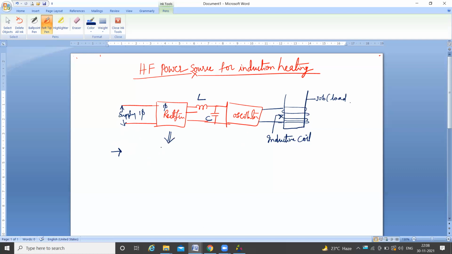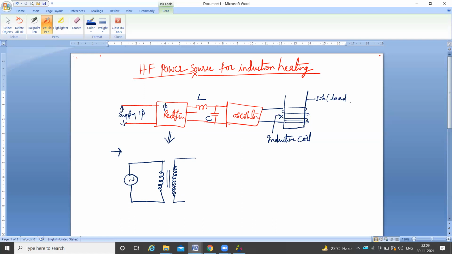This is the AC supply, applied to the primary winding of the transformer and the secondary winding of the transformer. This is a step up transformer, so the number of turns in the secondary is greater than the number of turns in the primary. And this is given to the rectifier.